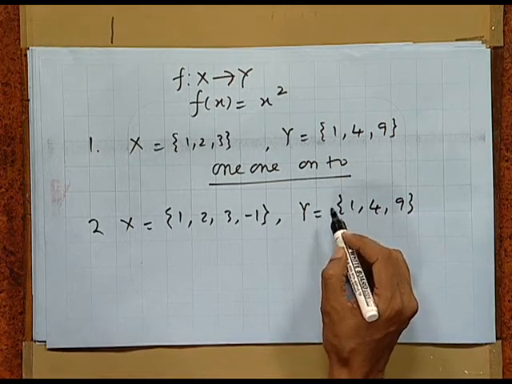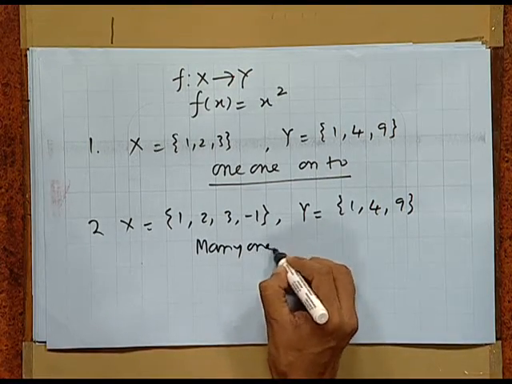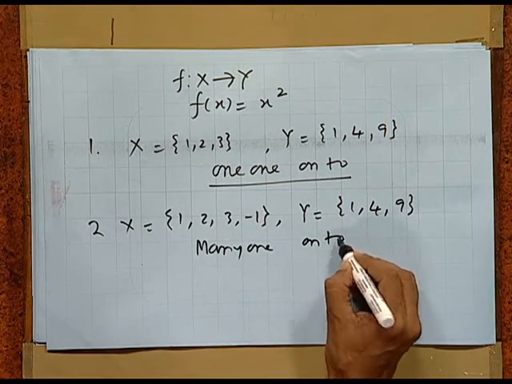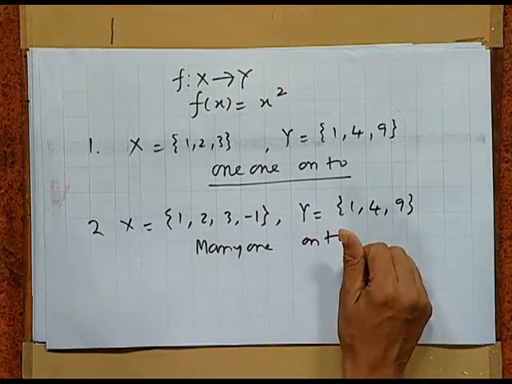It means two different elements have the same image, that is, it is a case of common image. So, this is many-one and also onto. So, look at the case. Merely f(x) is x square cannot decide the nature of the function unless we know the domain and codomain.